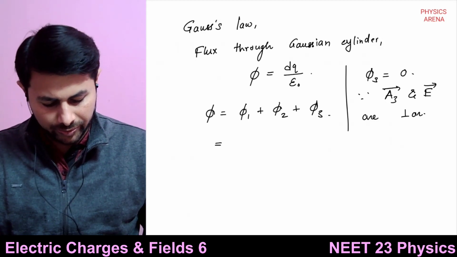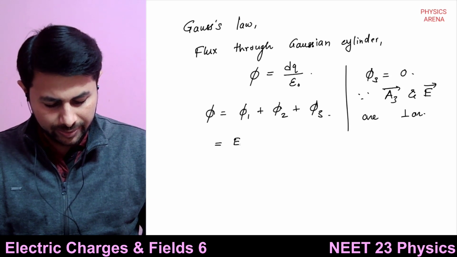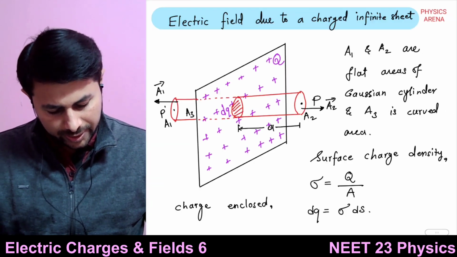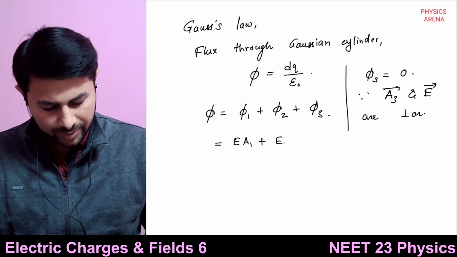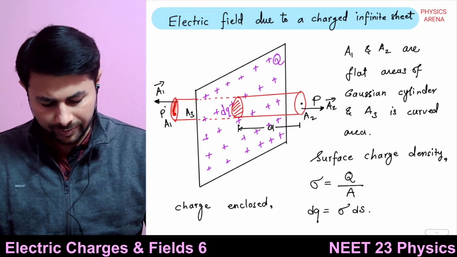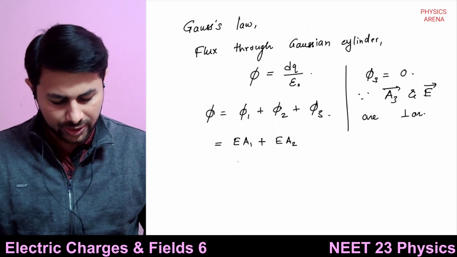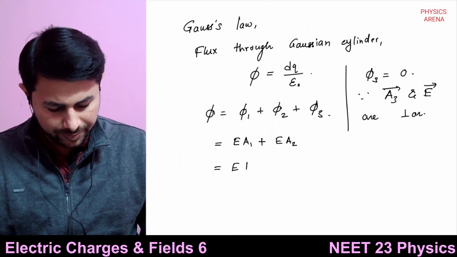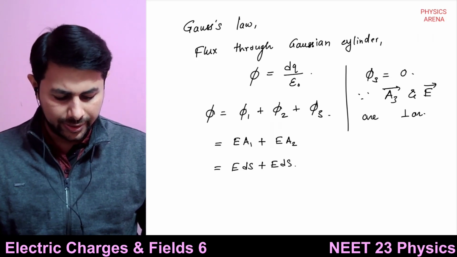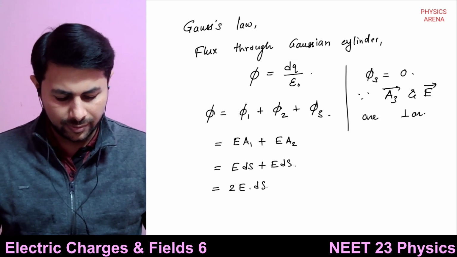Therefore, the flux through area A1 is electric field multiplied by A1, plus the flux through area A2, which is electric field multiplied by A2. A1 and A2 are equal to this enclosed area, so it is E times ds plus E times ds, or 2 E ds.